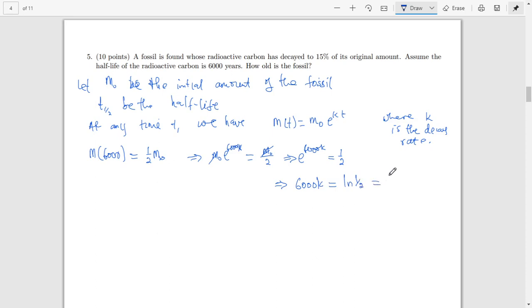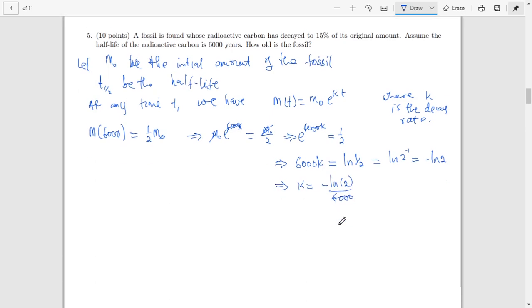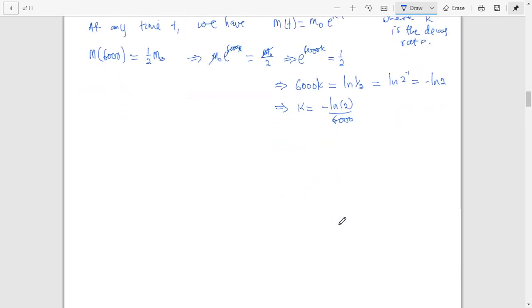Natural log of 1/2 is the same thing as the natural log of 2 raised to the power -1, and this is the same thing as negative the natural log of 2 by the law of logarithms. So k is what I get when I divide both sides by 6,000. That's going to be negative ln of 2 divided by 6,000. Now we found k, and we can move forward.